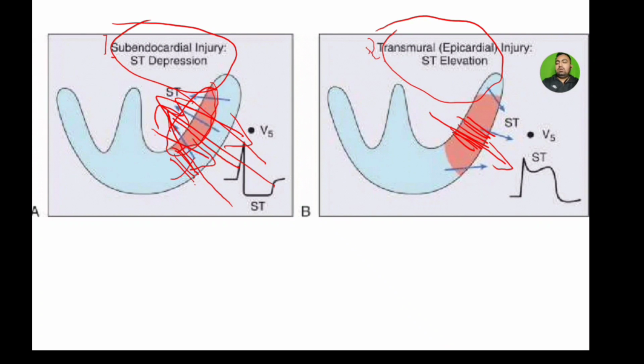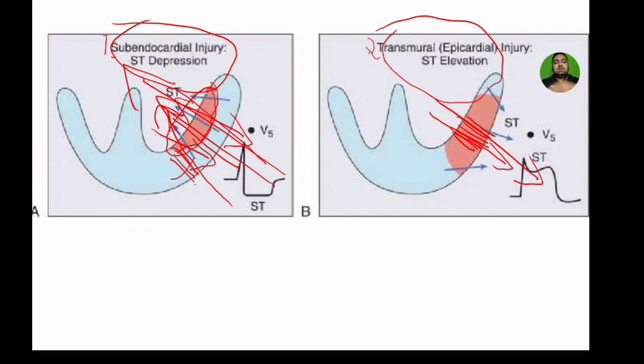As you have seen, in subendocardial injury the vector goes inside from outside, and in this kind of injury the vector comes outside from inside. So the leads facing this side would show positive deflection.